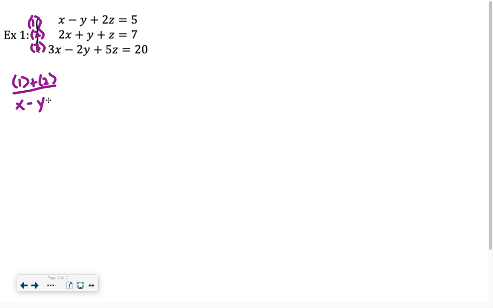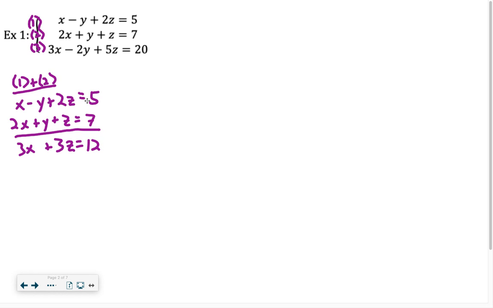I'll have x minus y plus 2z equals 5, and 2x plus y plus z equals 7. So I will end up with 3x, the y's cancel, plus 3z equals 12.